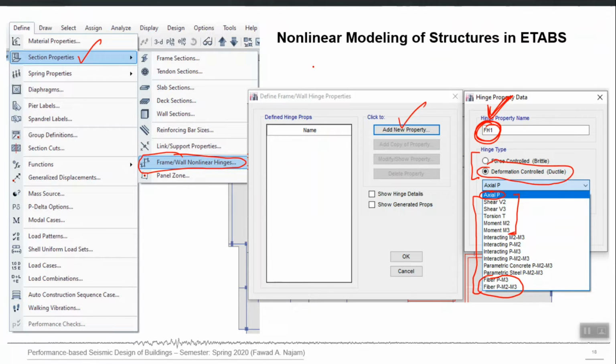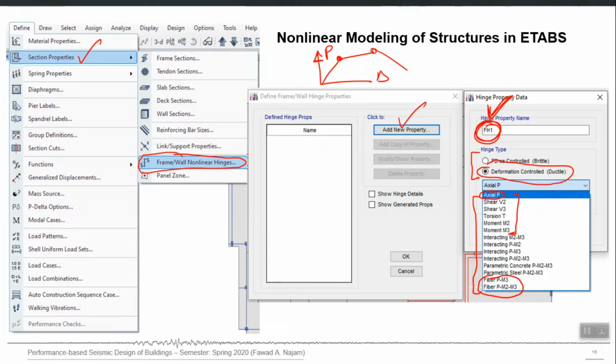And I will give this kind of a relationship between P and delta, that the P versus delta should remain linear up till a certain point, but when the load increases beyond some yield capacity of that beam, it should become non-linear, and then it should go to ultimate and then go down. I will control its shape and the cyclic behavior also, right?